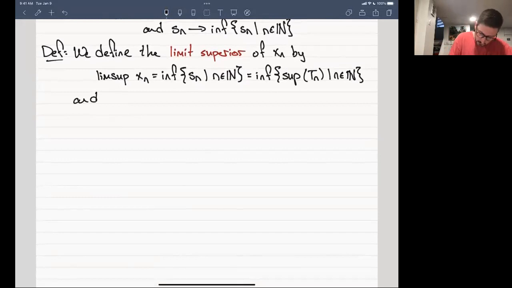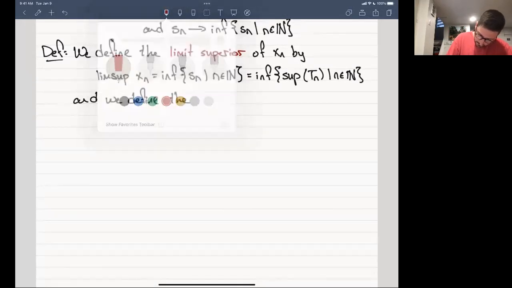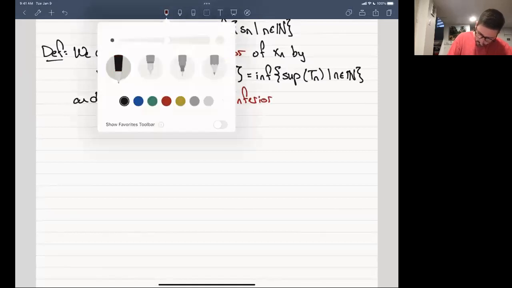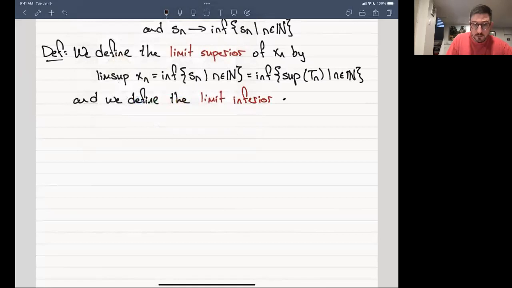And we define the limit inferior of x_n by lim inf, as you can imagine.